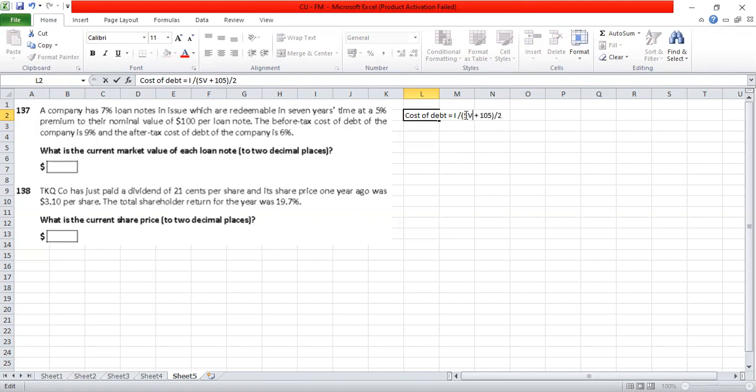Let's put it as sale value plus the redeemable value. We can write it as interest is 7, because 7% is the loan amount. 7 divided by the sale value of 100 plus the redeemable value of 105, average of that will be divided by 2. So 205 divided by 2 is 102.5.